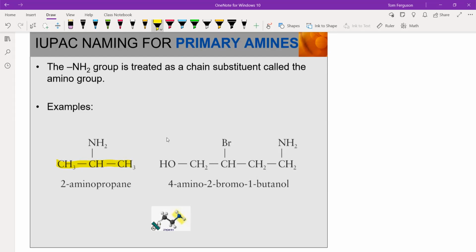So it's 2-amino propane. And frequently it's written this way, and also some people put a dash between the amino and the propane.